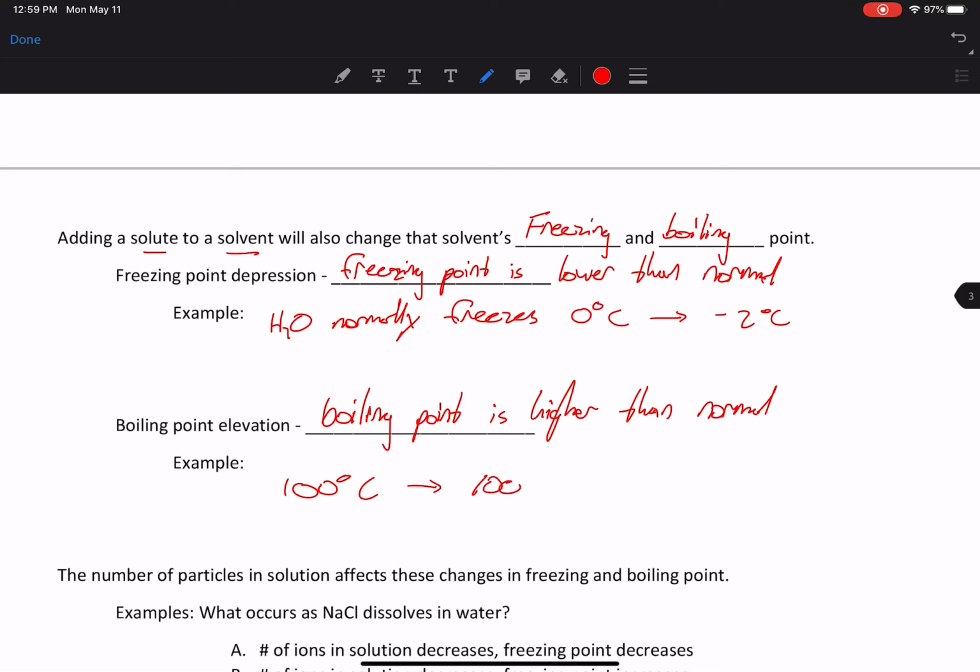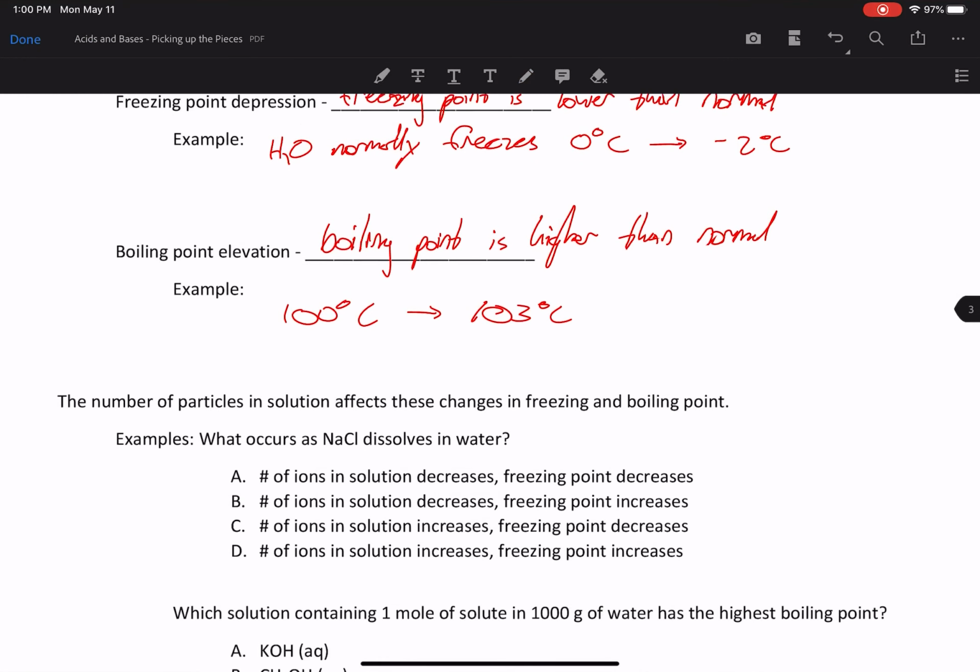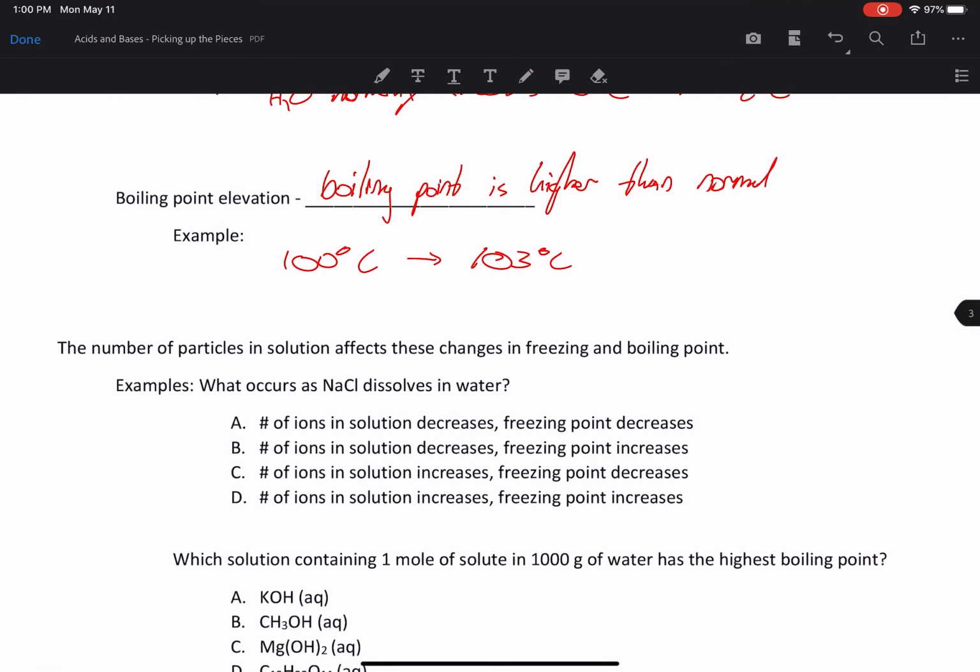And so now it could boil at something like 102 or 103. And again, it depends on how much of that solute you add. So the number of particles in solution affects these changes in freezing and boiling point.